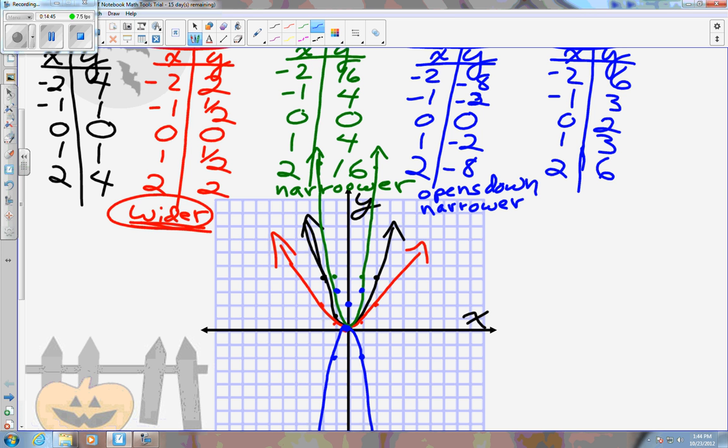We've got negative 2, 6. And we've got 2, 6. So, the change on this one, it moved up 2 units. So that's how you're going to write that change, that difference.